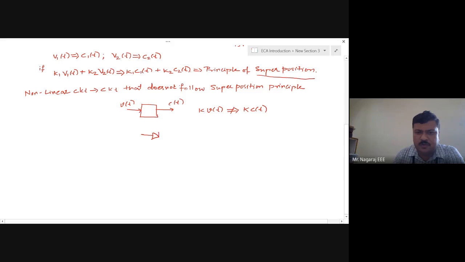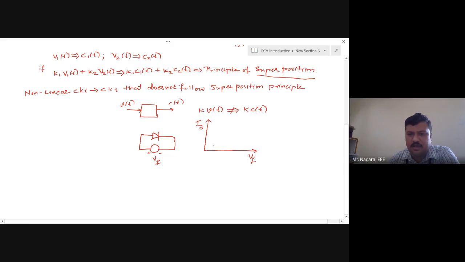If you apply some voltage to a diode, and if you plot the characteristics of the diode for forward voltage only, this is I_D, diode current, against V_f, forward voltage.